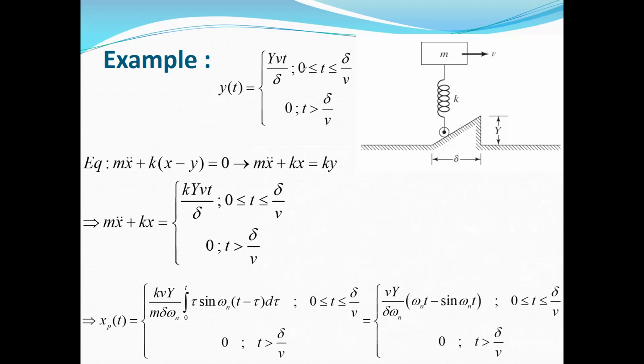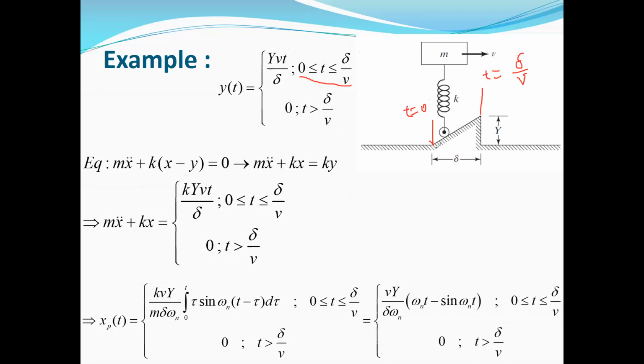So y(t) in fact is Y times v t divided by delta, when t is between 0 and delta divided by v. At t equal to delta divided by v, this car will be located here, and this point is considered t equal to 0.